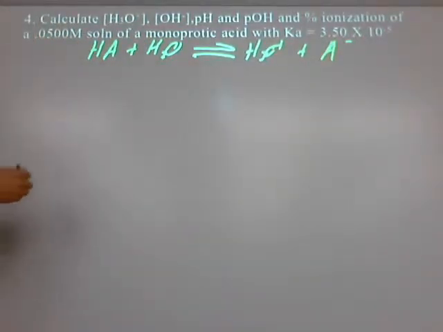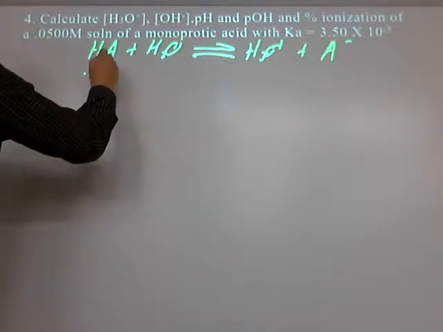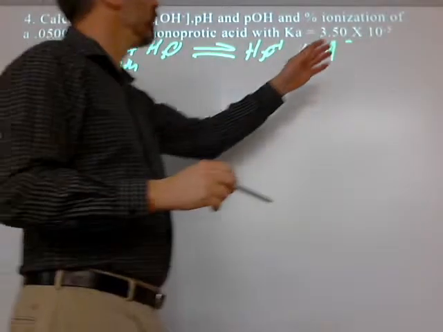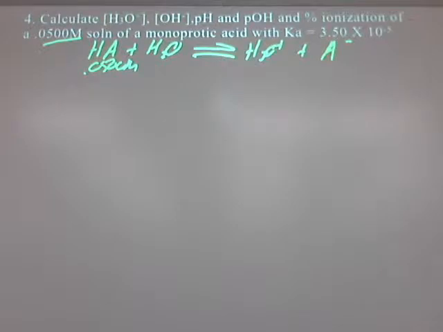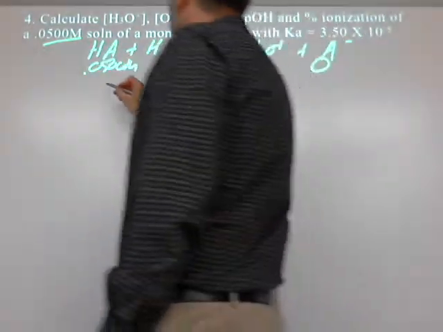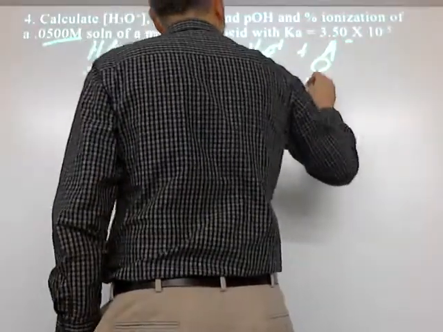My HA concentration is 0.050. On a test, you will not get anybody who can't use a simplifying assumption. All of your exponents will be small enough, all of your numbers will be large enough, so you'll be able to do that. Minus X, plus X, plus X.